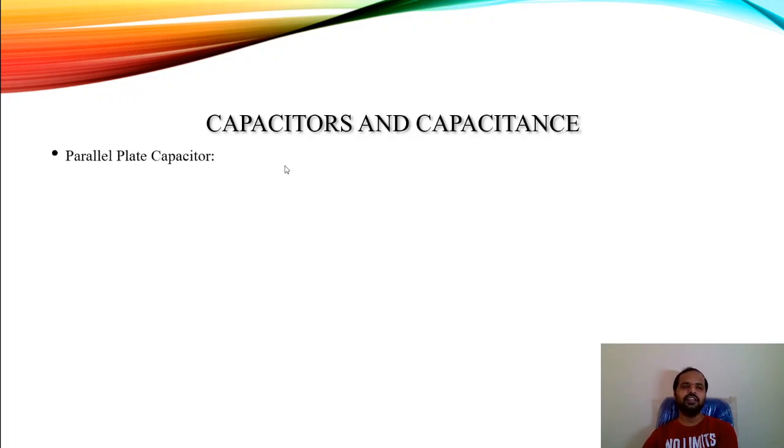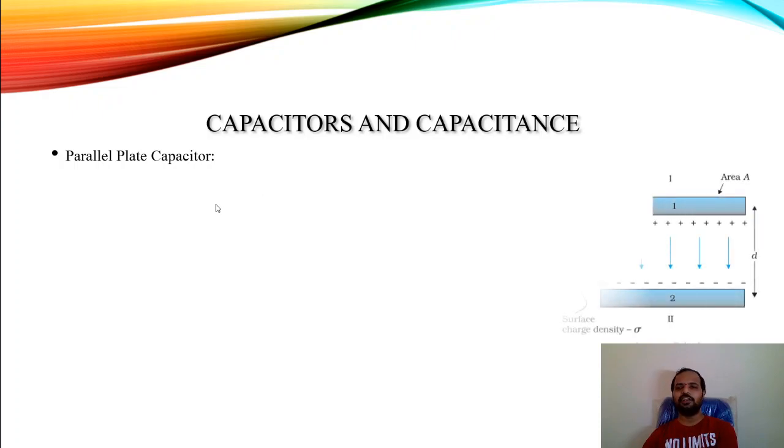Now we will deal with the working of the parallel plate capacitor, and of course certain derivations are related to it. For this we have taken two plates, plate 1 and plate 2. Plate 1 is charged with positive charges and plate 2 with negative charges.